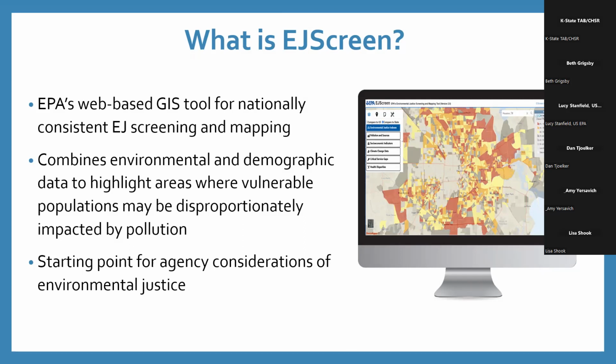But EPA's tool combines environmental and demographic data in order to highlight where vulnerable populations may be disproportionately impacted by pollution. As I mentioned, it's a starting point, whether here at the EPA, for our internal prioritization and targeting of resources and enforcement efforts, but it's also a public tool. So we want all of you to be able to pull out information on your communities.